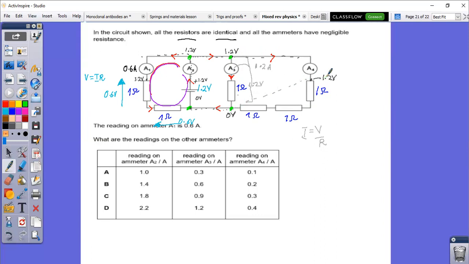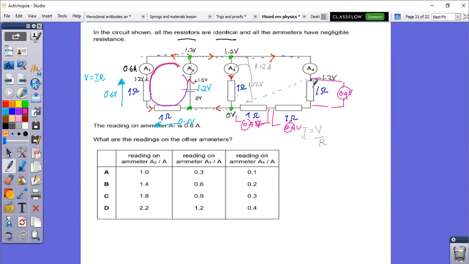Well, it's 1.2 volts, and I've got 3 of them. So what current must be passing through? They're going to share this potential difference equally. So I'm going to have here 0.4 volts here and 0.4 volts here.